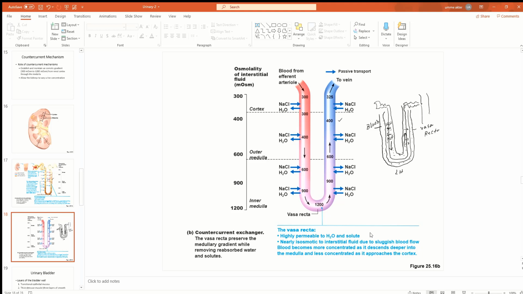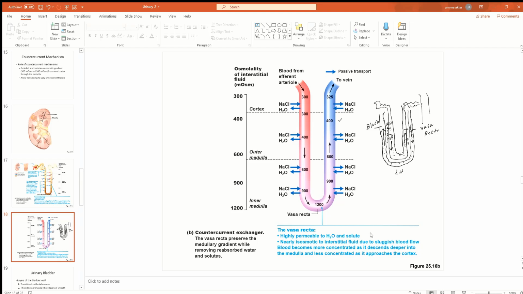So now see what happens inside the vasa recta. The blood is moving this way, getting in and then getting out that way. You notice that if we compare these two limbs, in the descending limb of the loop of Henle the fluid is going downwards, and in this limb of the vasa recta the blood is going upwards.